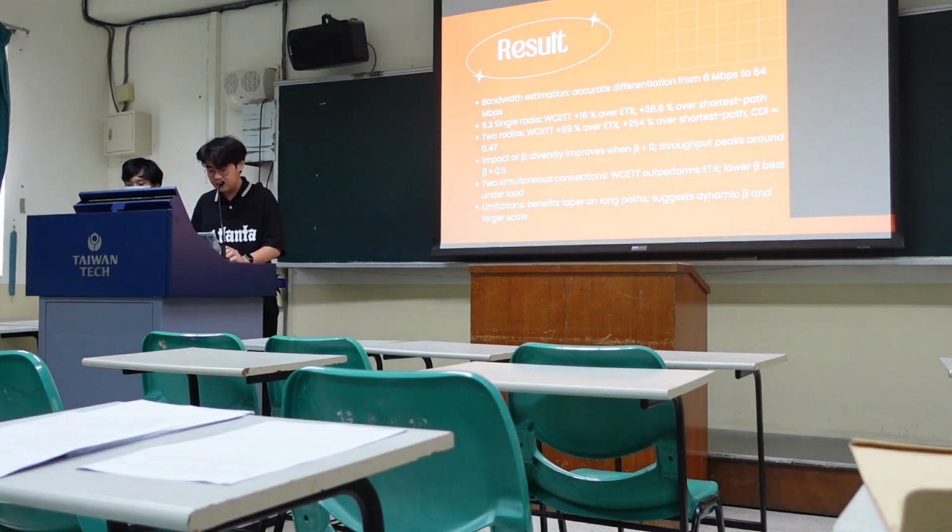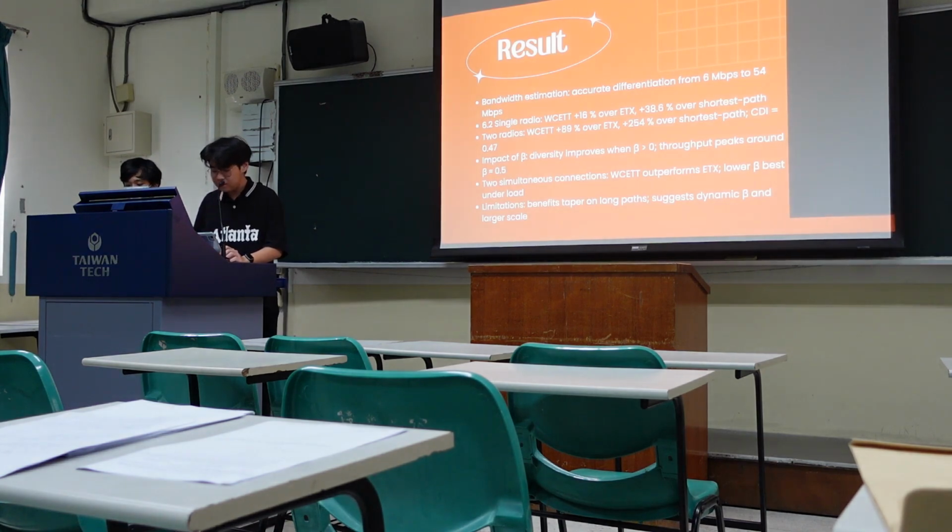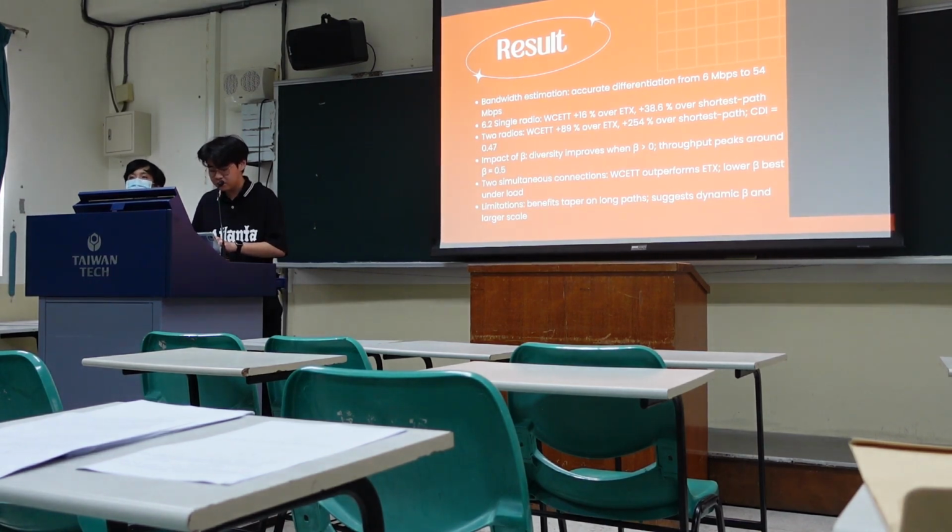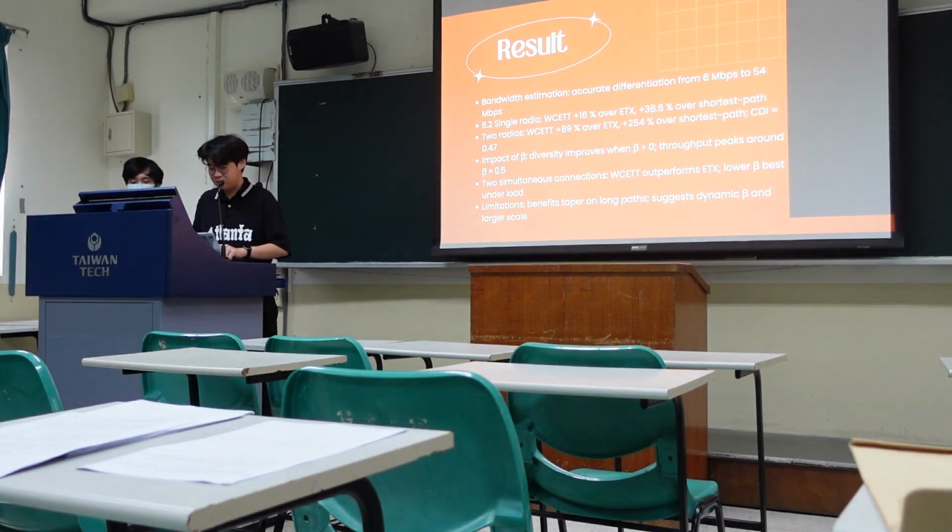And the limitation is that the gains are most pronounced on short to medium paths, which is less than or equal to 4 hops. On longer routes, TCP sensitivity to RTT and loss diminishes WCETT's efficiency. We also found that including 802.11b in calculations yielded minimal benefits.